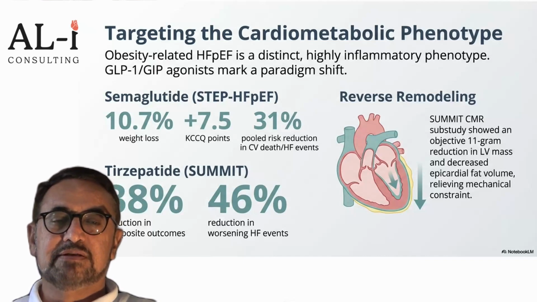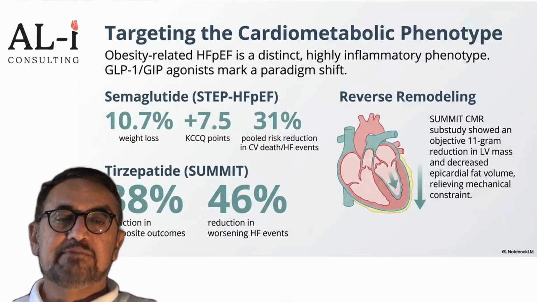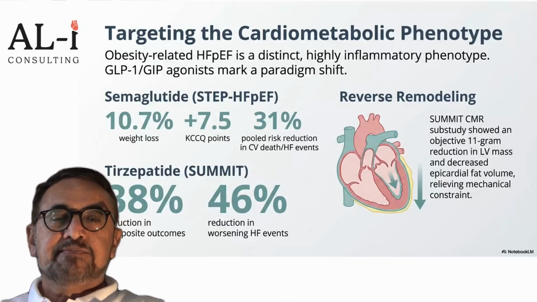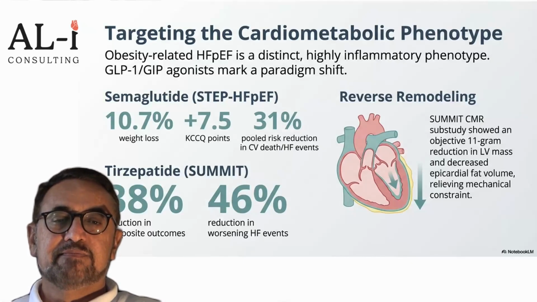Tirzepatide goes even further with a 38% reduction in composite outcomes and a 46% reduction in worsening heart failure events in the SUMMIT experience. Just as important, imaging data suggest objective reverse remodeling, including reduction in left ventricular mass and epicardial fat volume.